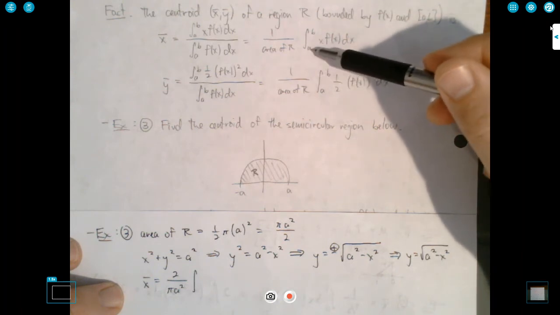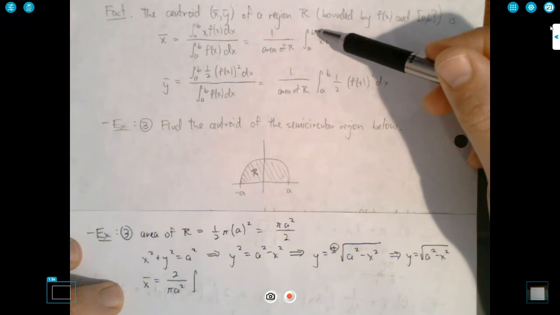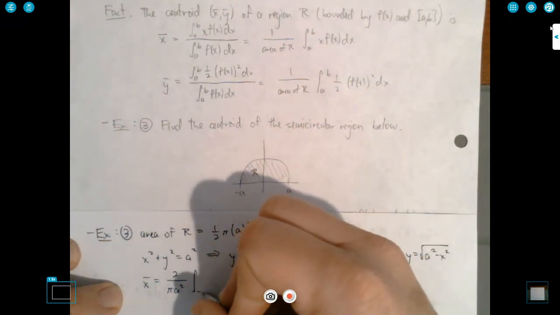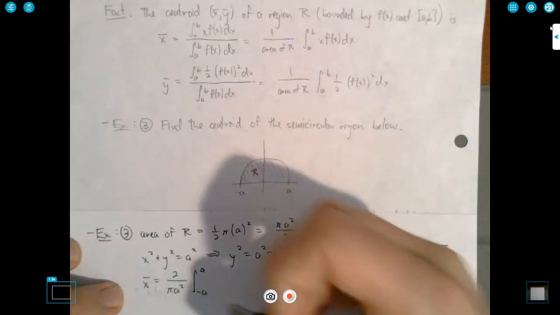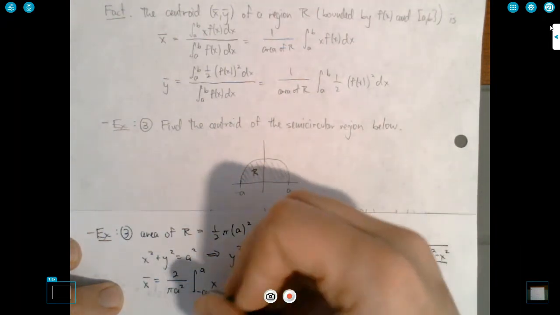So this is the left limit of integration, which in this case would be negative a, and this is the right limit of integration, which in this case would be positive a. So it's going to be the integral from negative a to positive a of x times f of x, which we just solved for.